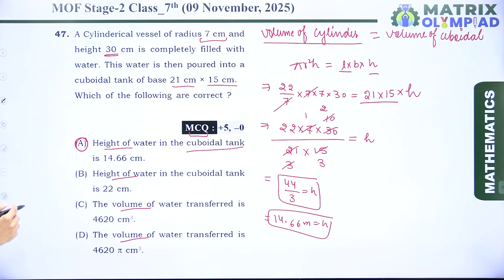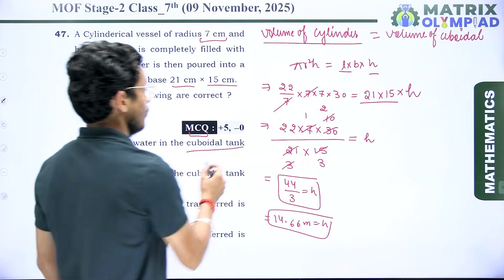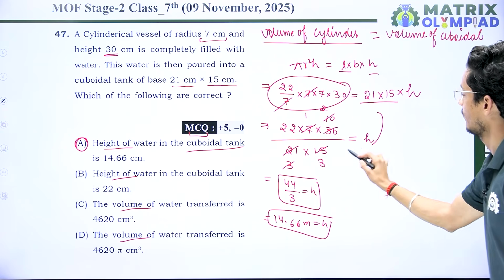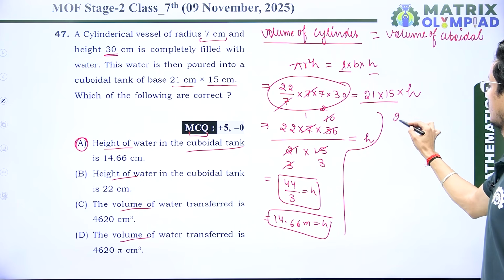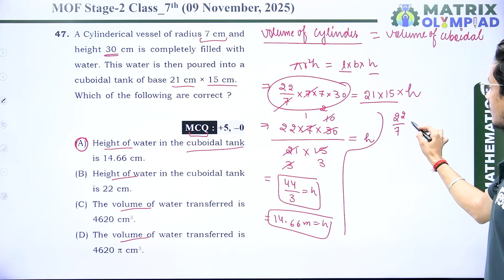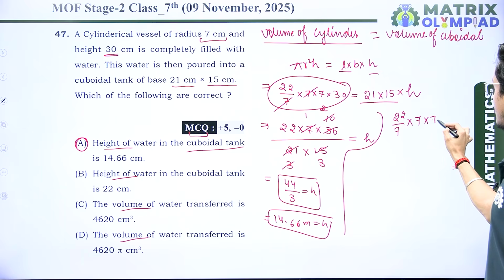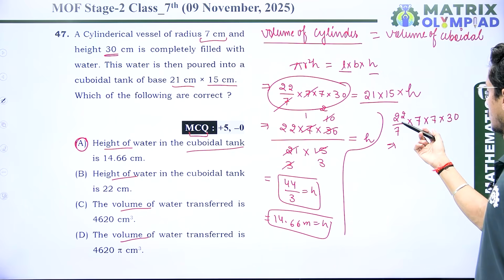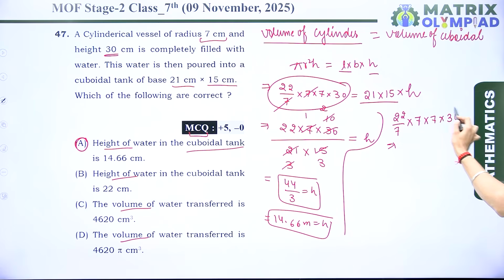Okay, and now we have to find the volume. We know volume, so we can simplify this one just for the volume. So I can write here 22.7 multiply 7 multiply 7 multiply 30. So what we do, we know when we simplify first this one.